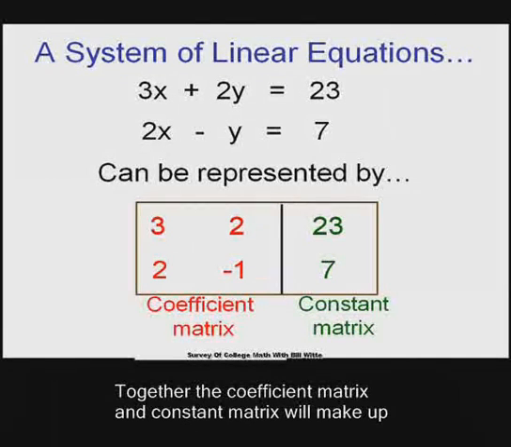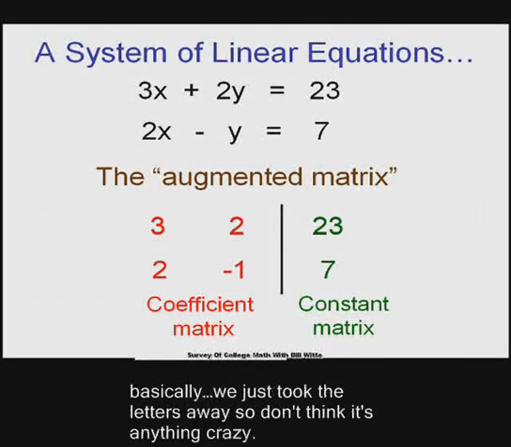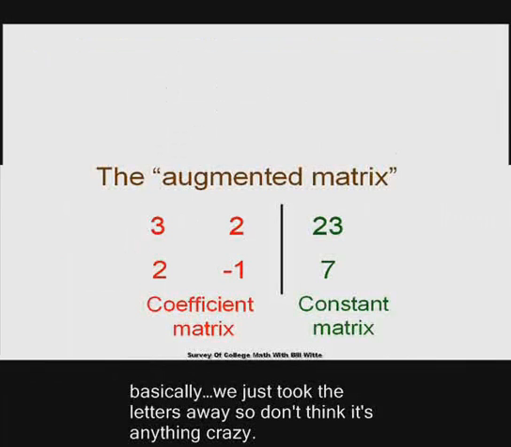Together, the coefficient matrix and constant matrix make up what we call the augmented matrix. We've basically just taken the letters away, so don't think it's anything crazy.